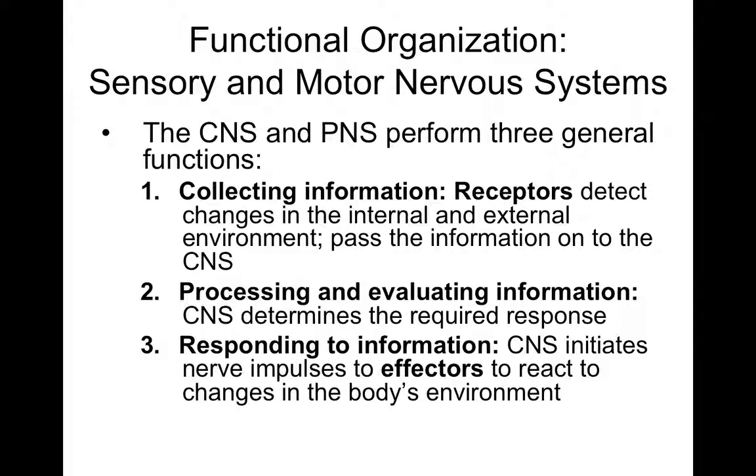So we have to pick up information about our internal state, whether it's body temperature, blood pressure, or pH. That information is picked up by receptors. Good. Then the receptors send that information to the brain, which processes and evaluates that information. Good. And then the brain tells the appropriate effector what to do.